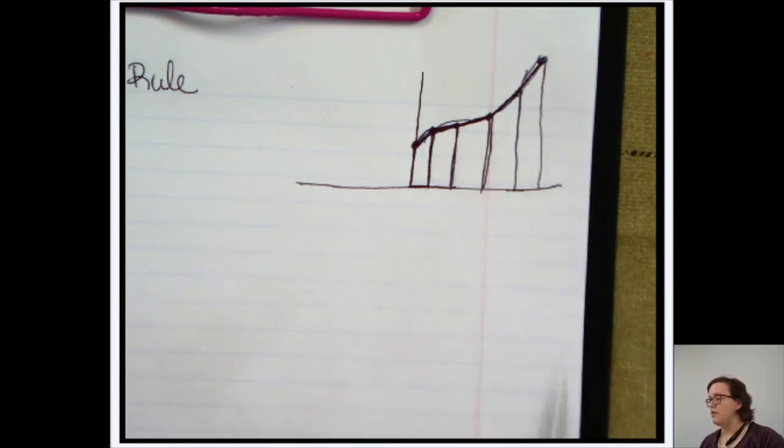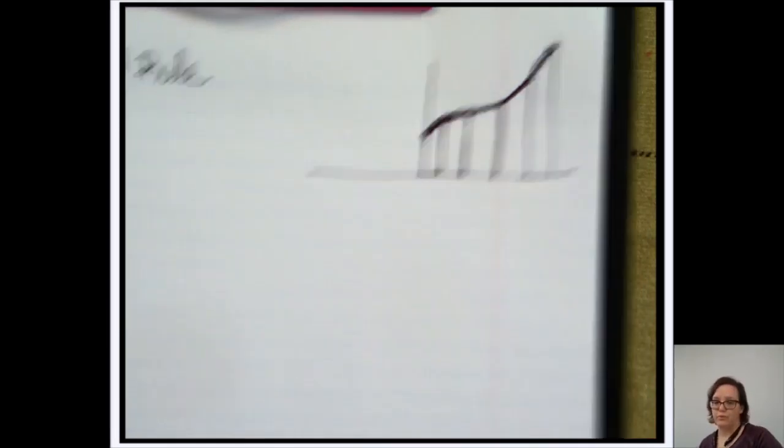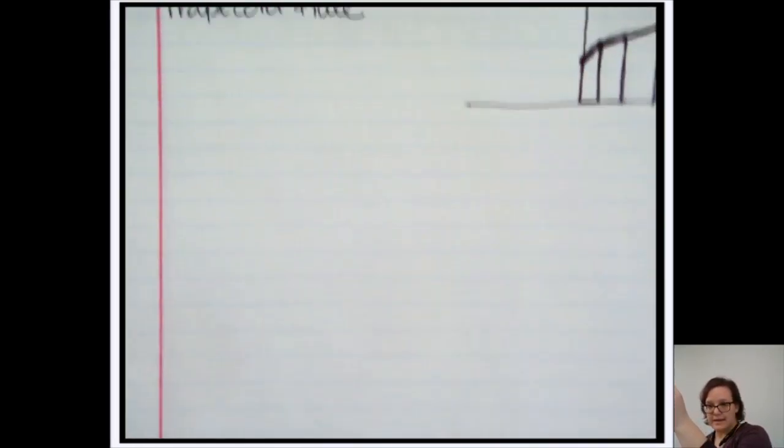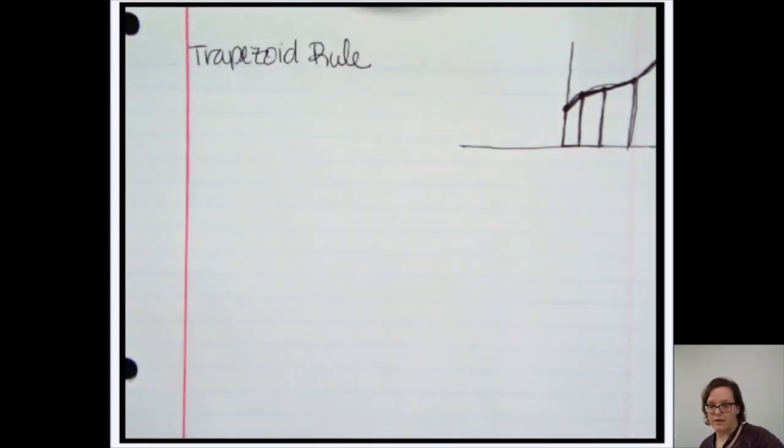Let me go ahead and give you the trapezoid rule formula and try to explain where it comes from.